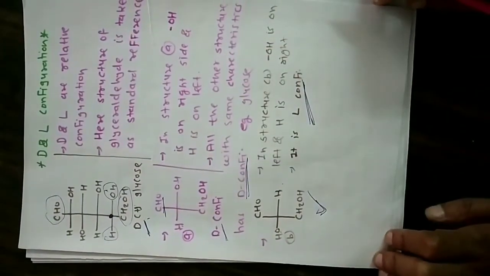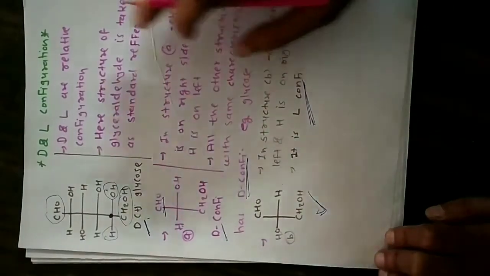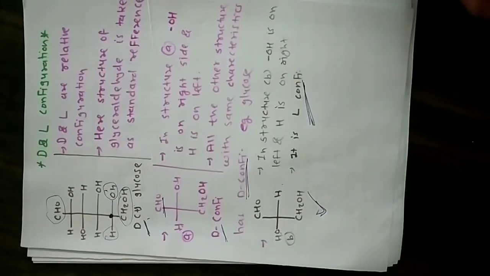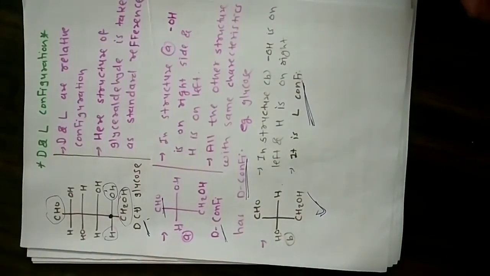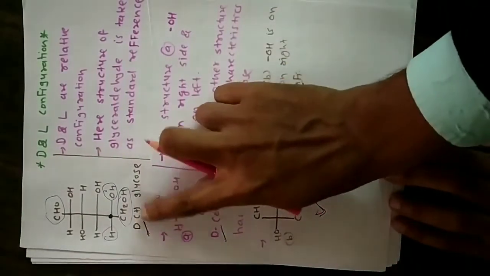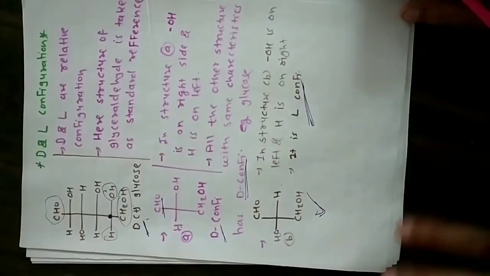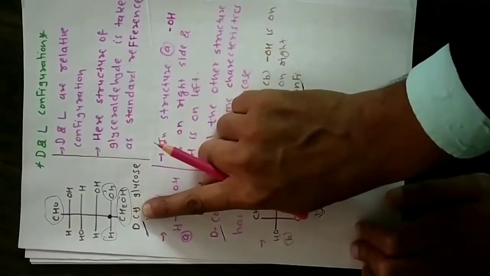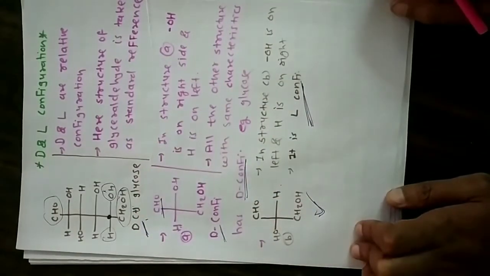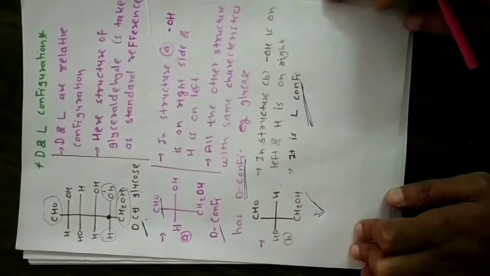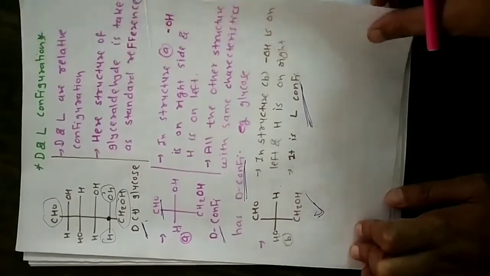So this is called DL configuration, and according to it, the structure of glucose that we derived in the previous session is D plus glucose. Now this plus sign shows it is dextrorotatory. I am going to discuss it further.